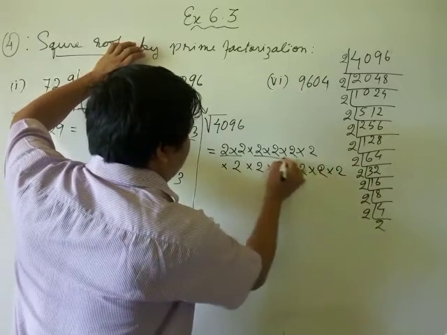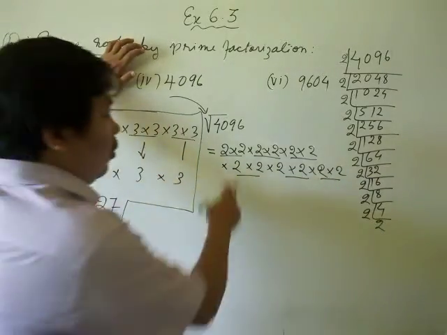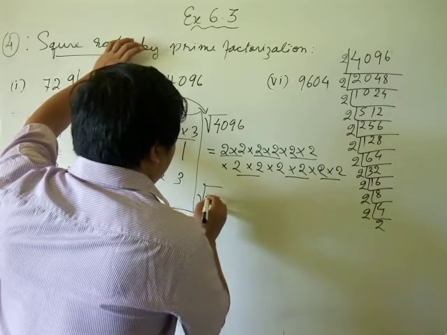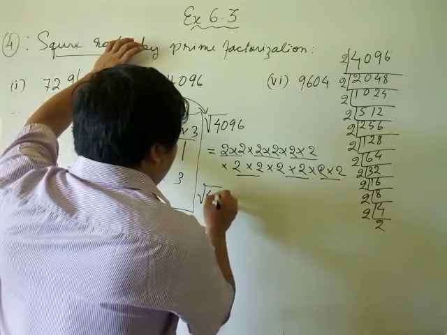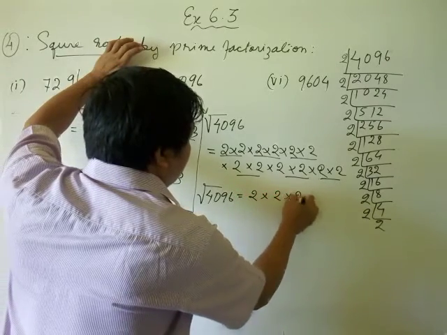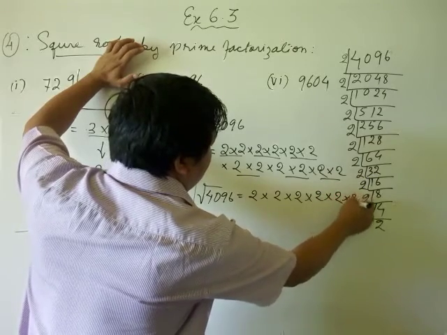So you group these 2s here in pairs. How many pairs are there? 1 2 3 4 5 6. That means square root of 4,096 is equal to 2 into 2 into 2 into 2 into 2 into 2.